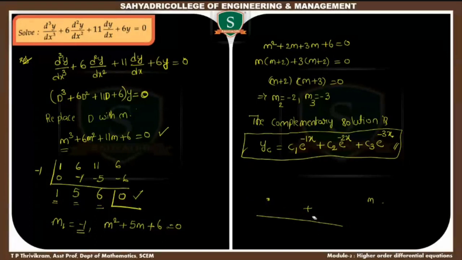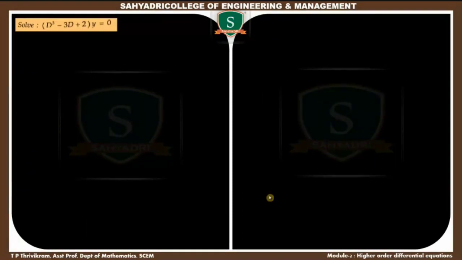So we'll do one more problem so that you get a better understanding of the topic. The next one is this. Here they have directly given it in operator form: d cube minus 3d plus 2 into y equals 0. Now replace d with m to get the auxiliary equation.